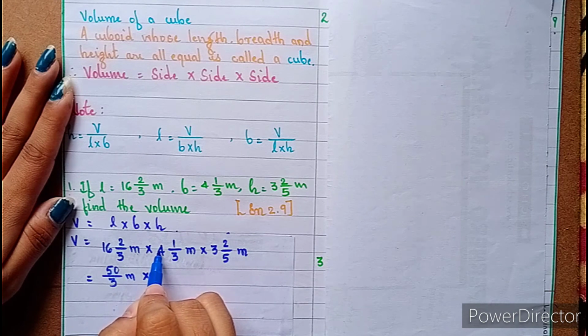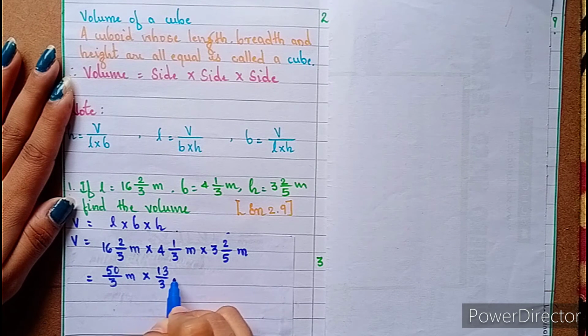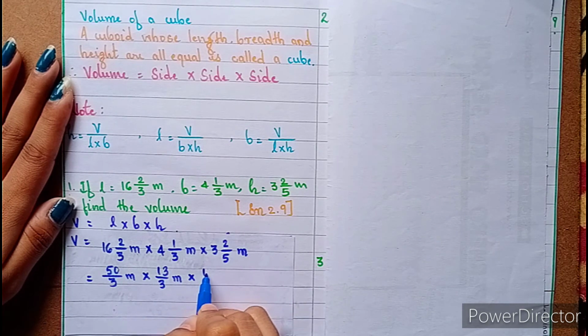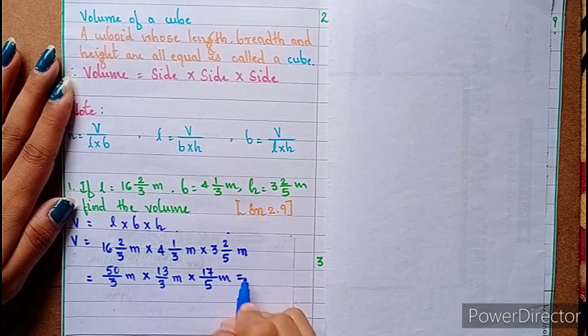Multiply by 4 3s are 12 plus 1, 13 upon 3 meter, into 5 3s are 15 plus 2, 17 upon 5 meter. That equals.